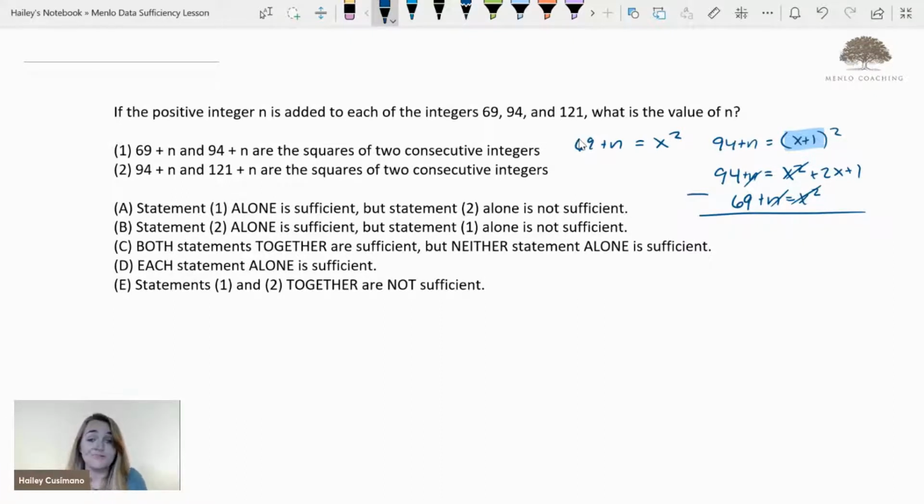And furthermore, if I can draw that conclusion for statement 1, I can certainly do exactly the same thing for statement 2. If all I do is put a couple of different constants in their place, I'm again going to have enough information to answer my question.